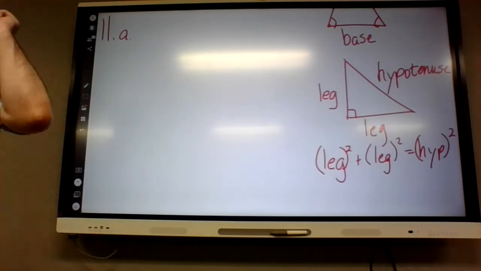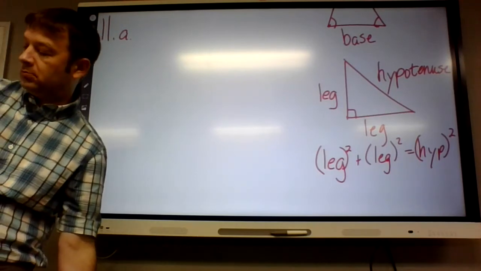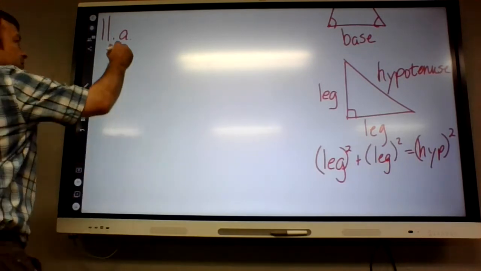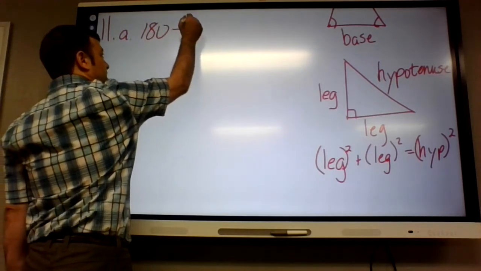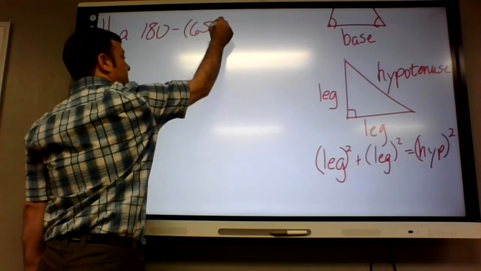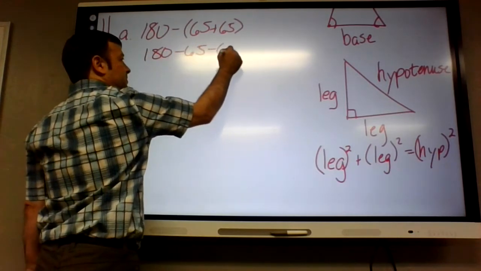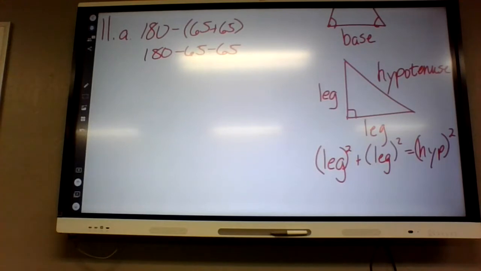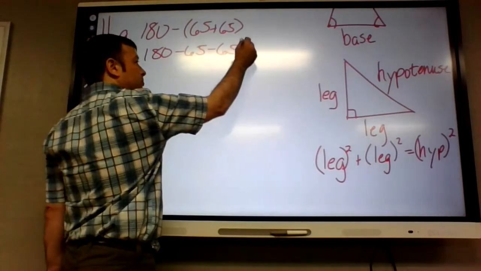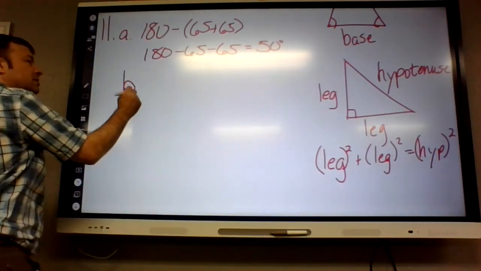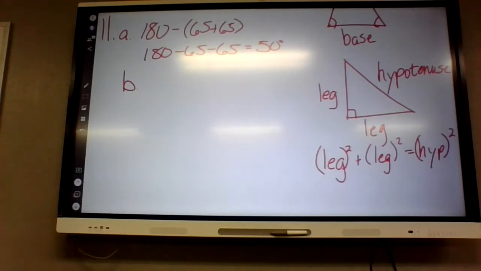How would you solve it? 180 minus 65 plus 65. You could add them together first, 180 minus 130 is 50 degrees, or you could just do 180 minus 65 minus the other 65.